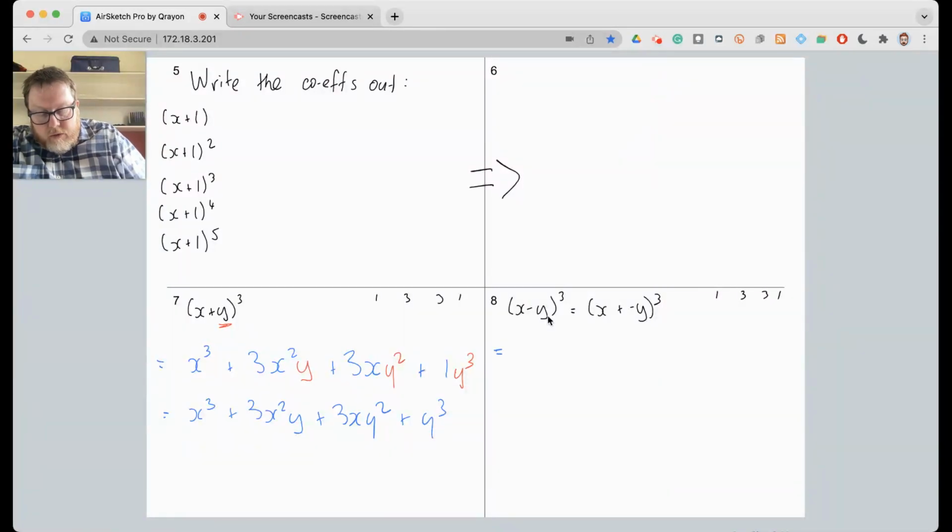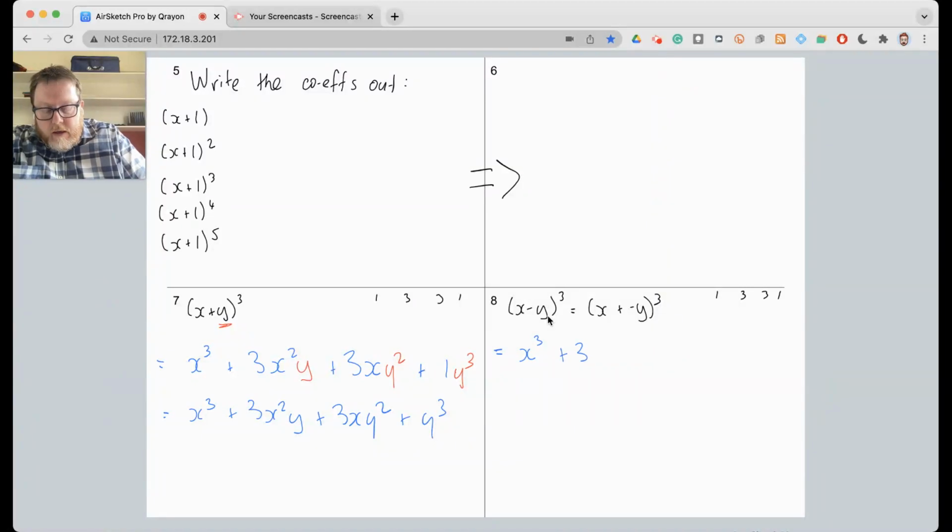Which equals, and I'm going to start off with the first coefficient, which is 1. So 1, x to the power of 3, and then not y, but minus y to the power of 0. Doesn't matter there's a negative. To the power of 0 simply means that's equal to 1, so we don't write it in.